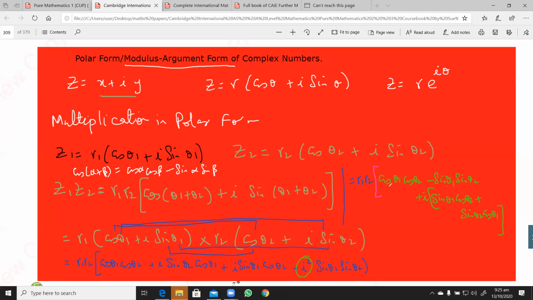So if you have cos theta 1 cos theta 2 minus sin theta 1 sin theta 2, that means you can write it as cos of theta 1 plus theta 2. Yes? What is your sin theta 1 plus theta 2, or sin alpha plus beta?